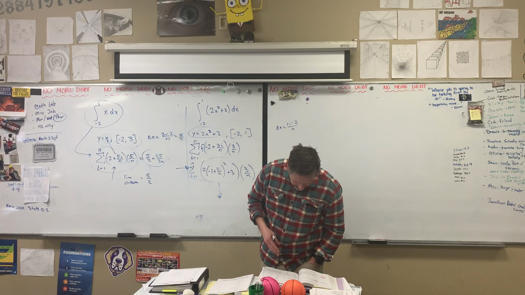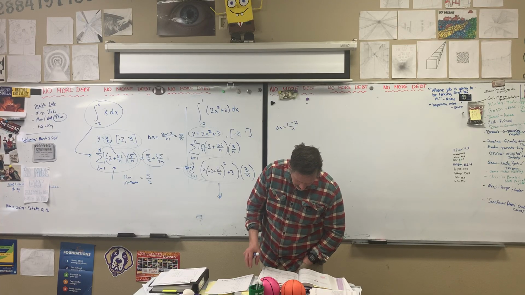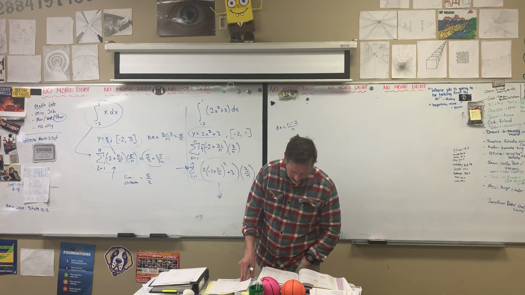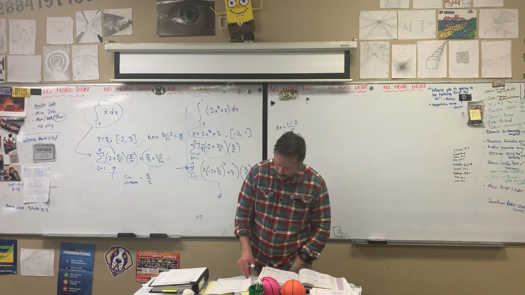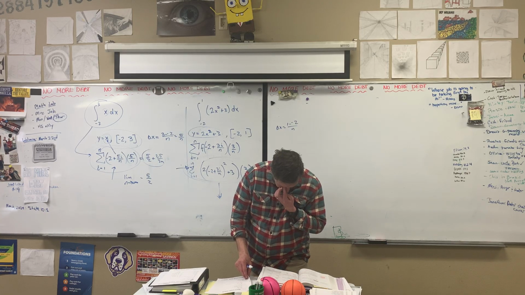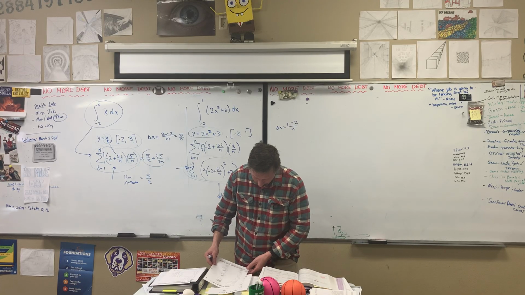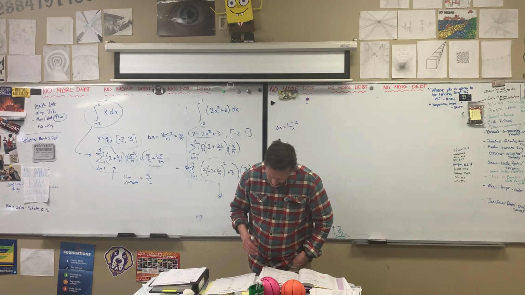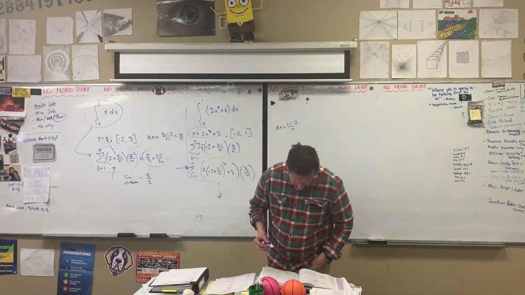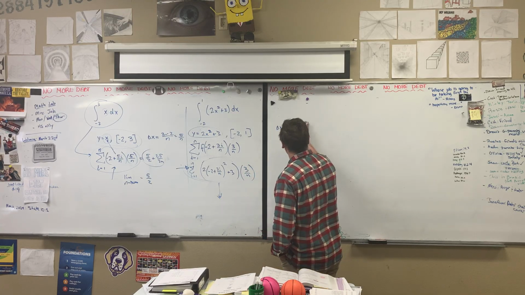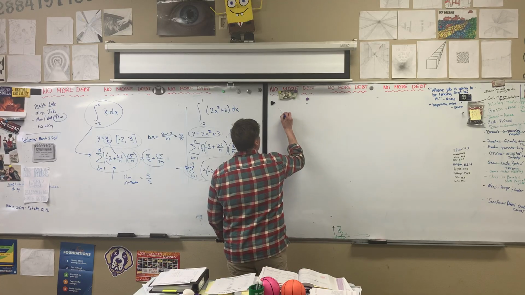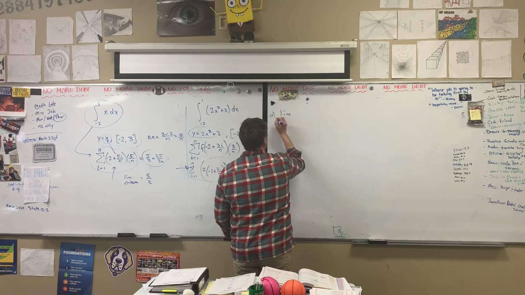So then let's go to exercises 9 through 12, and it says write the limit as a definite integral on the interval a to b, where c sub i is any point in the ith subinterval. If you look at number 10, this is nice because they're actually not having you do the definition.